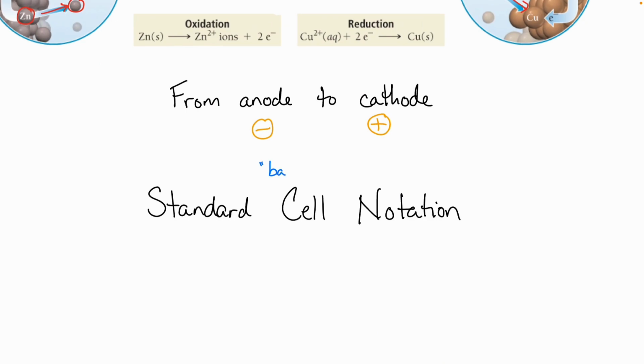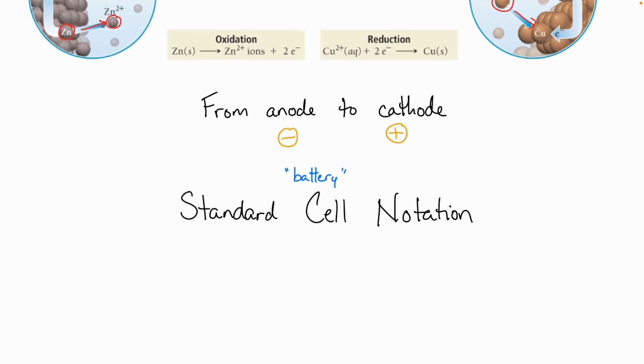Cell is a fancy word for battery here. So for this particular battery, in our standard cell notation, this is where the states of matter are going to be important. We've got to include that in our cell notation here.